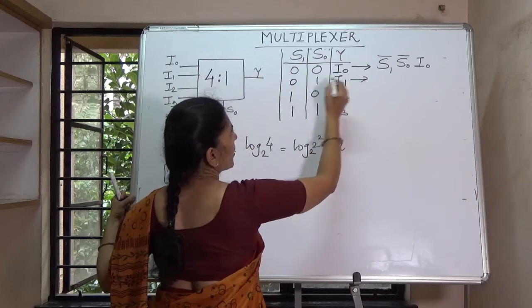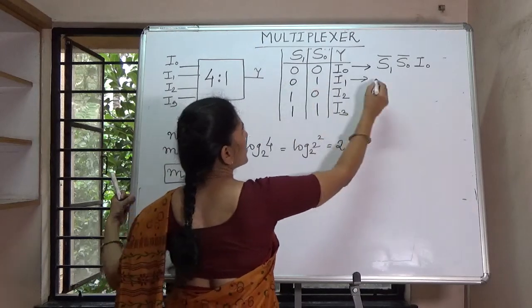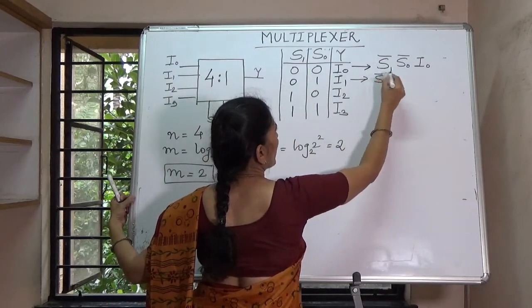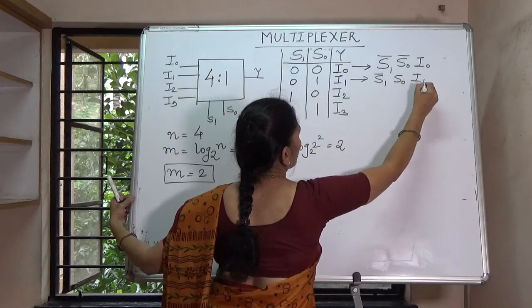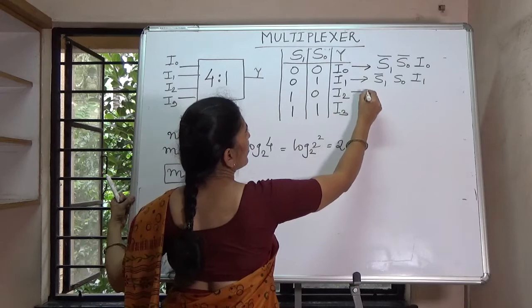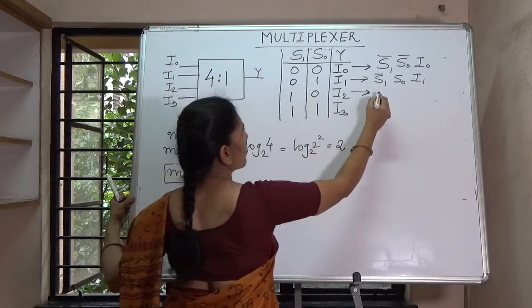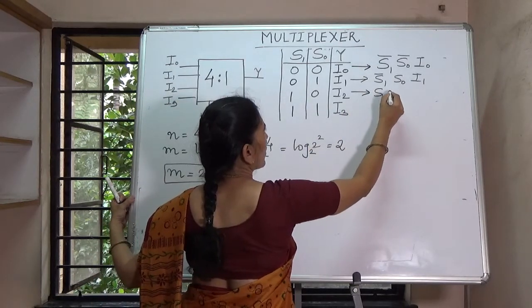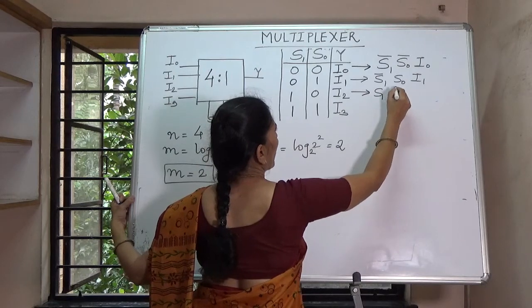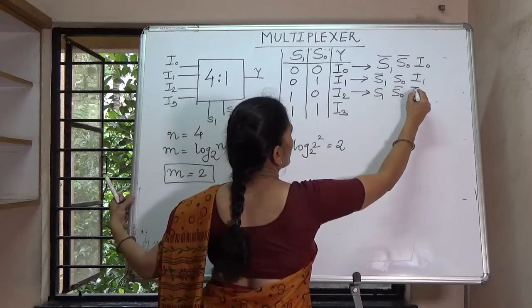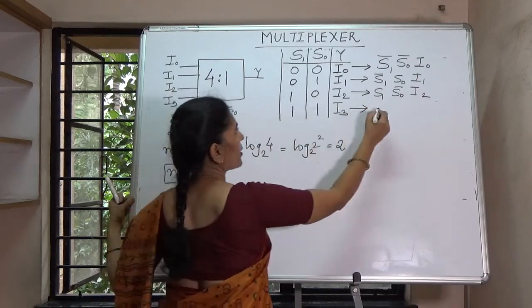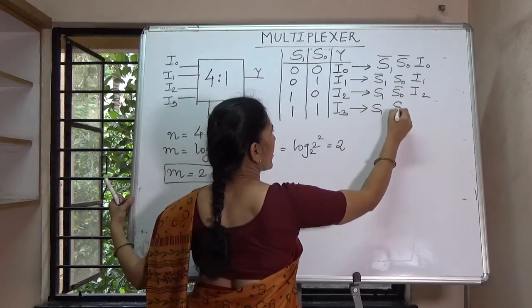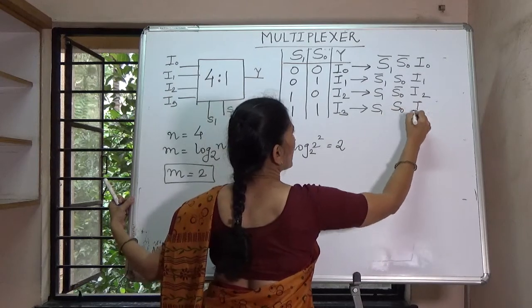The second product term will be S1 is 0, so S1 bar, S0 and I1. The third will be, now S1 has become 1, so it is S1, S0 bar and I2, and the fourth will be, both are 1, 1, so S1, S0 and I3.